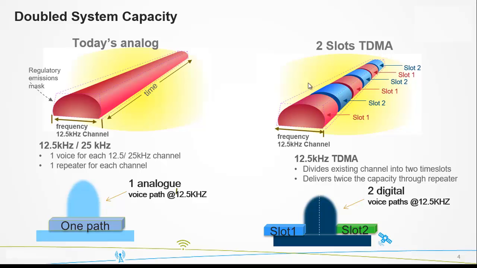So that is what you call double system capacity. If your governing agency gives you a single pair of frequency, that single frequency can be used twice.